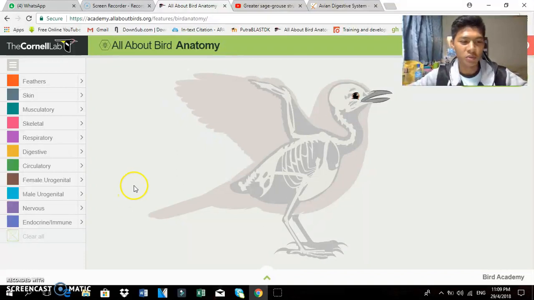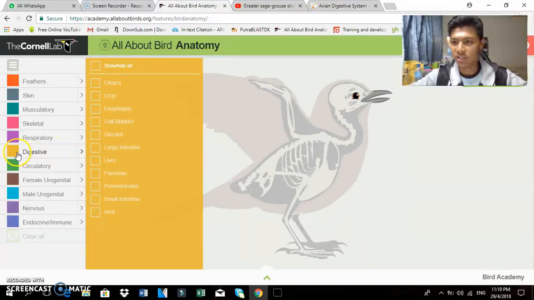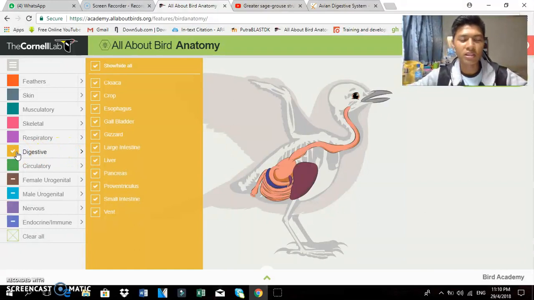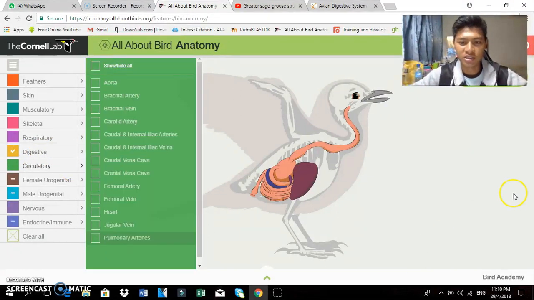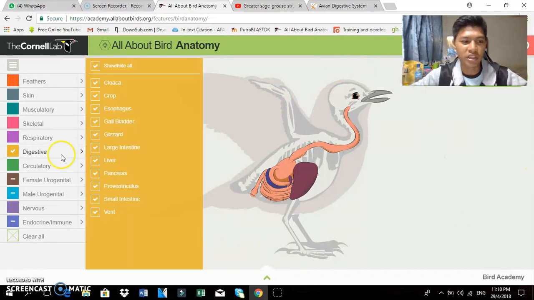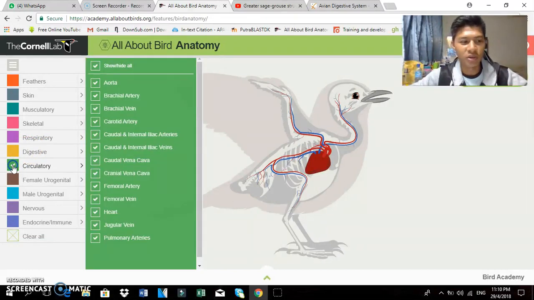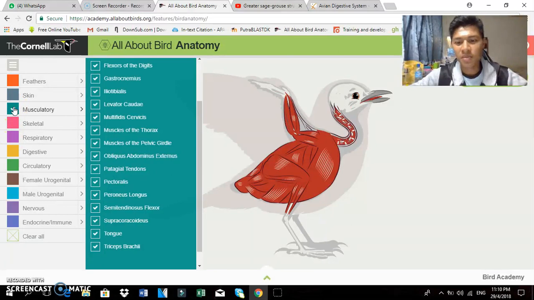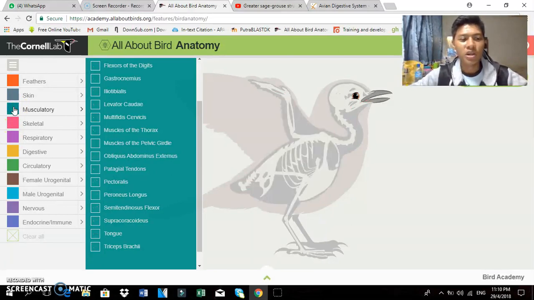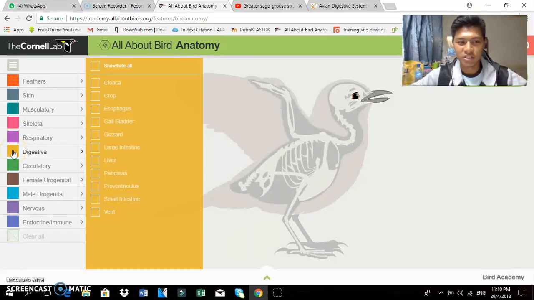And when you click on one of the systems, such as the digestive, all the digestive parts will appear on the screen, and also the most detailed part of the structure. When you click on the circulatory, there you go, and when you click on the musculatory, there you go. So I will focus more on the digestive system.